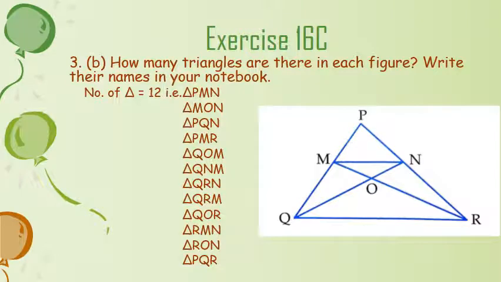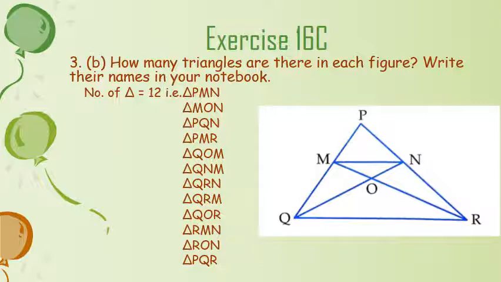Let's name these triangles. The first one is triangle PMN. The second triangle is triangle MON. The third one is triangle PQN. The fourth one, triangle PMR. Fifth one, triangle QOM. Sixth one, triangle QNM.